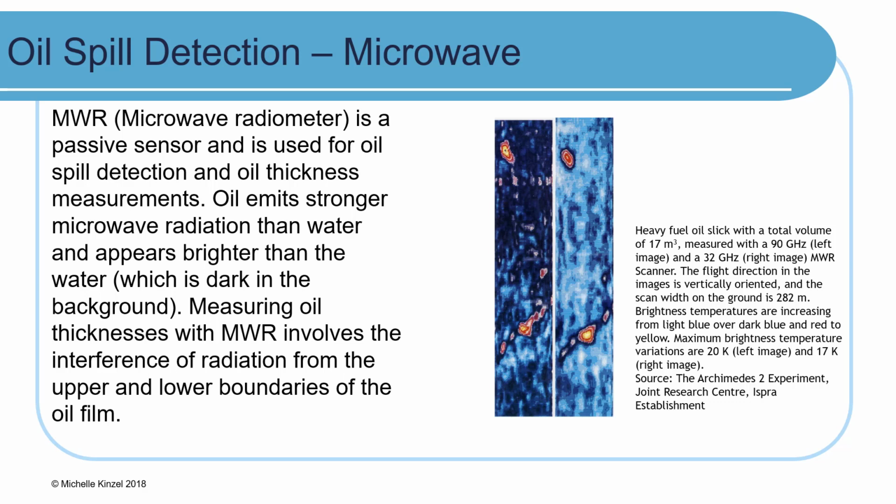This is an example from the Archimedes 2 experiment, and the brightness temperatures are increasing from light blue over the dark blues onto the reds and yellows, and the maximum brightness temperatures are 20 Kelvin on the left image and 17 Kelvin on the right image.